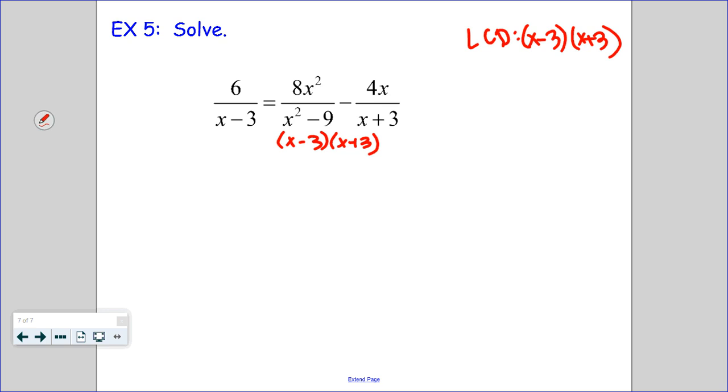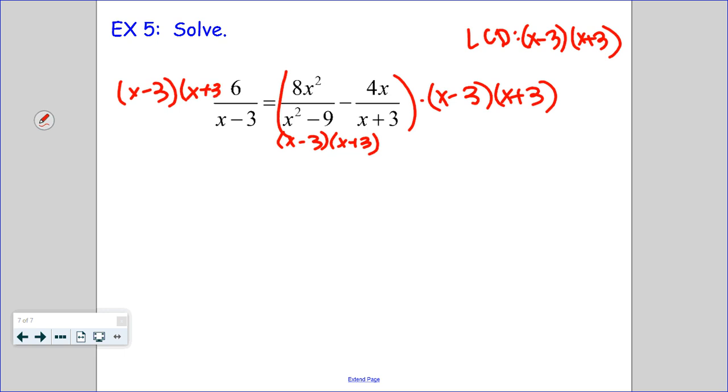So now I'm going to multiply that on both sides of the equation and cancel any denominators that I have, okay? So multiply times x minus 3, x plus 3, times both of those. So over here, what's going to cancel?